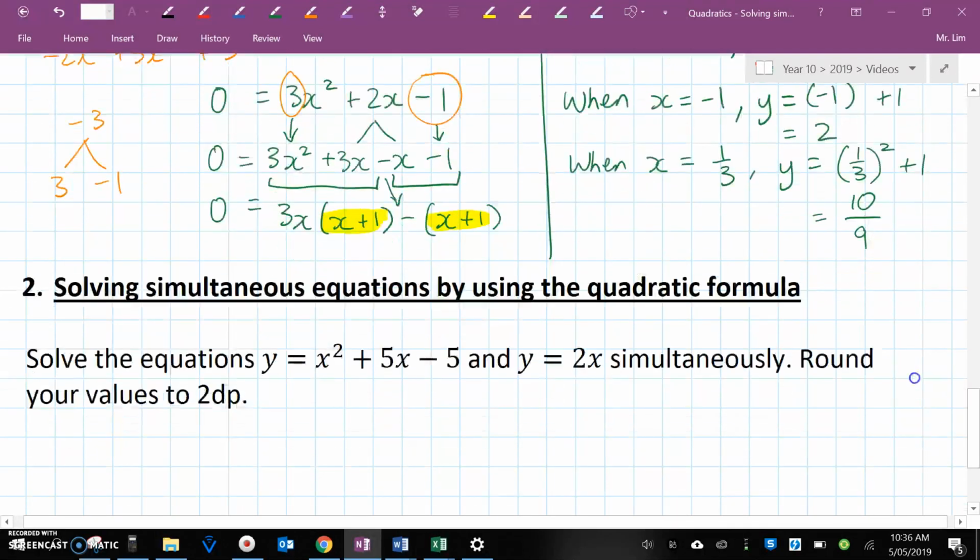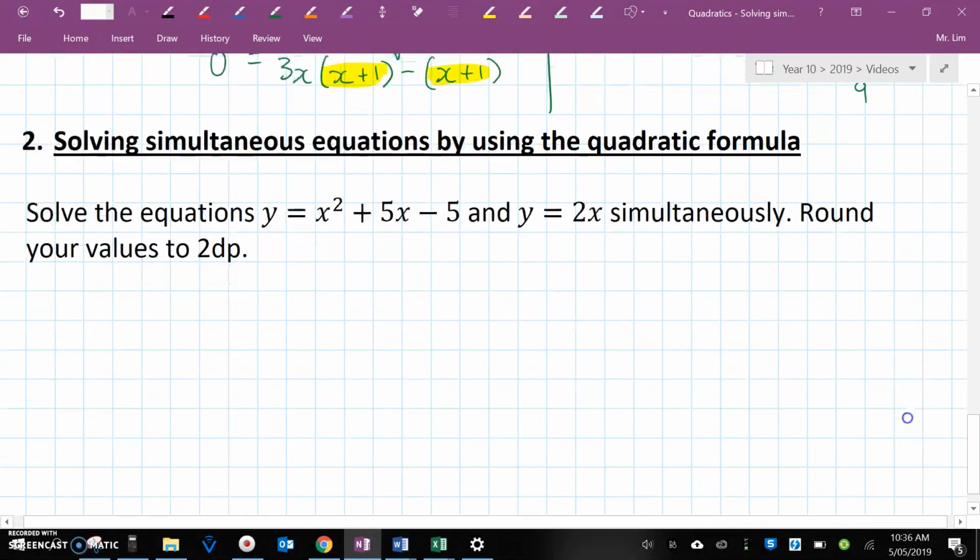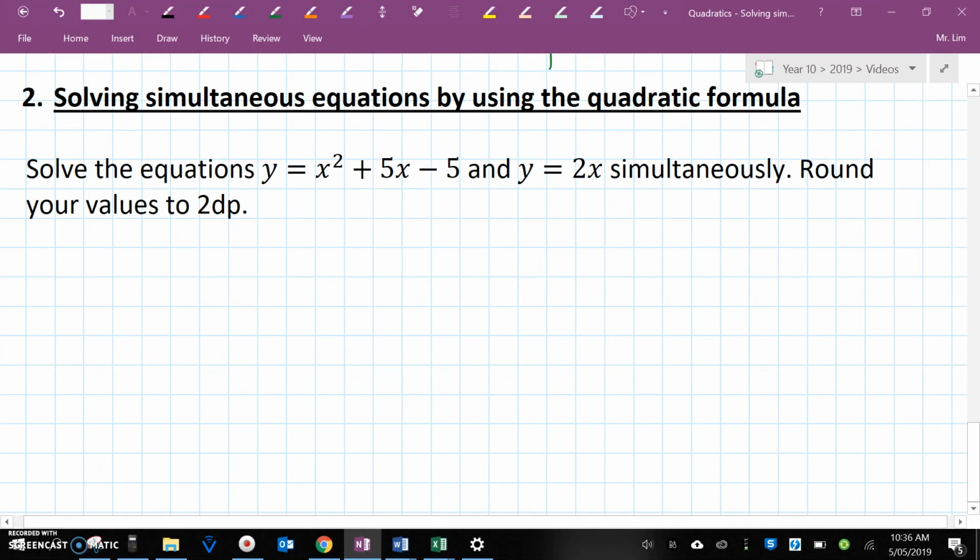Now, sometimes we can't actually factorize it. If we can't factorize it, we have to use the quadratic formula. So let's have a look at this question. Solve the equations y equals x squared plus 5x minus 5 and y equals 2x simultaneously. Round your values to 2 decimal places.